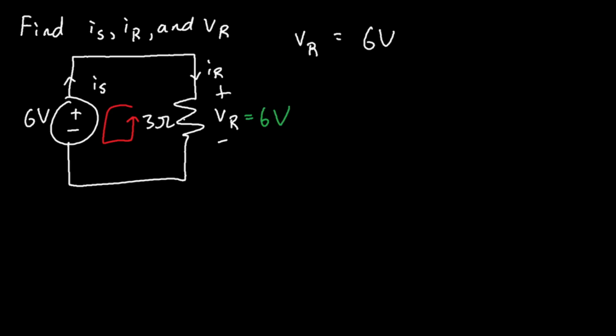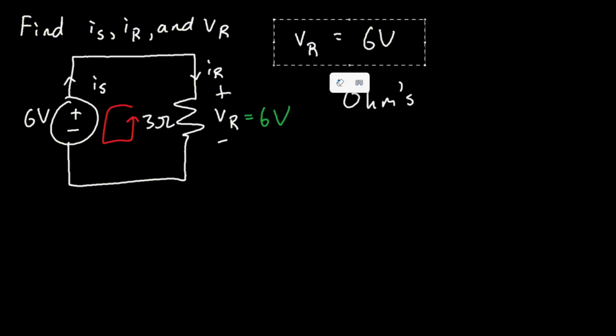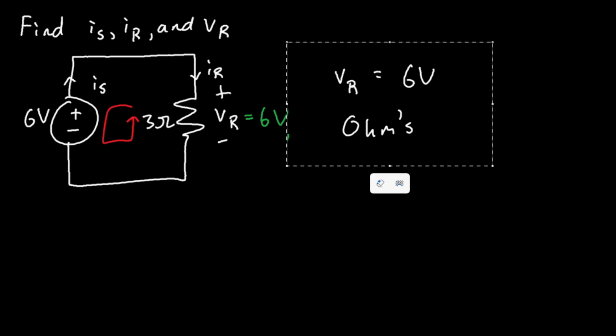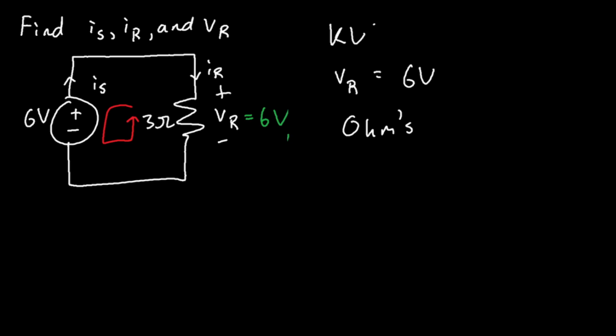All right, now that we have that, we can use Ohm's law to solve for I of R. Actually, if I were to write down all the steps, I'll put this in order for you guys. This is KVL. So Ohm's law is voltage equals current times resistance.